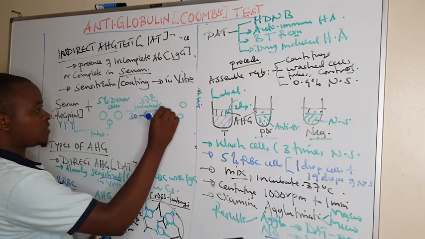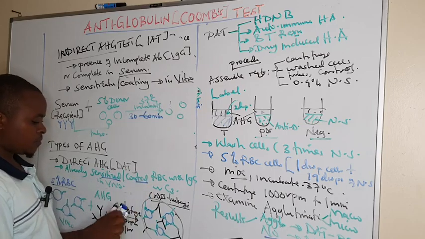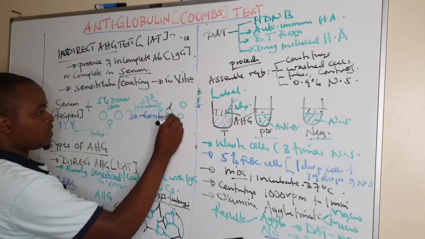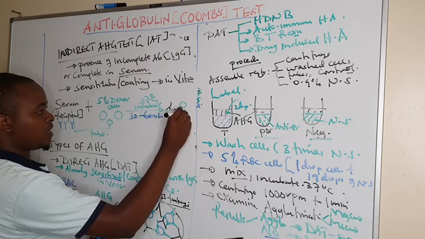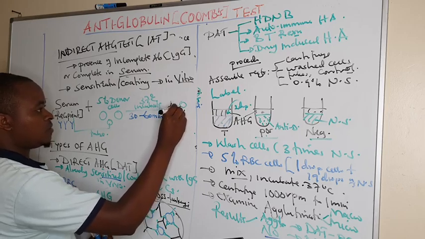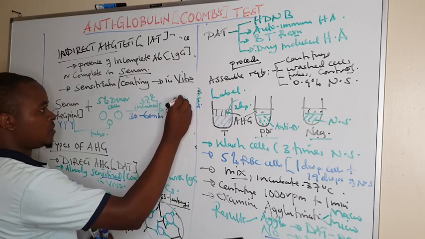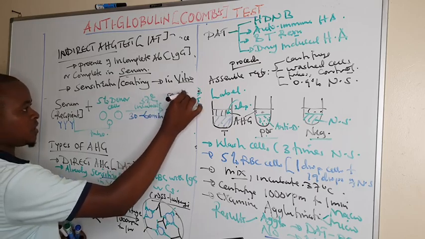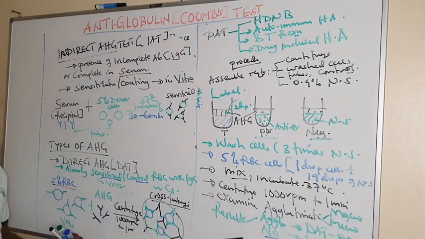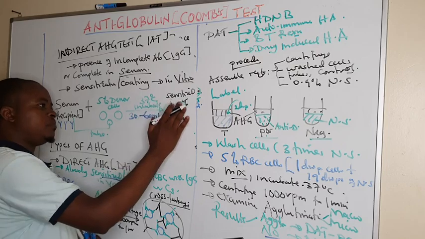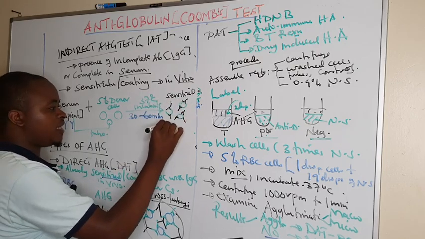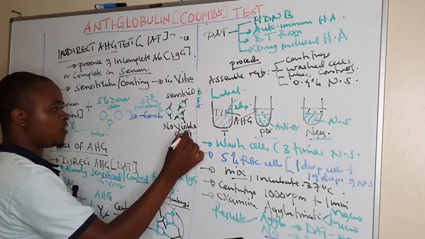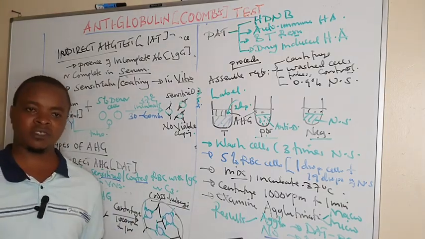These incomplete antibodies come and attach on the surface, but without causing visible clumping because they are small in size. So these red cells become sensitized. That's why we said sensitization is done in vitro in a test tube. Here there is no visible agglutination, because these are incomplete antibodies. They cannot cause visible clumping.